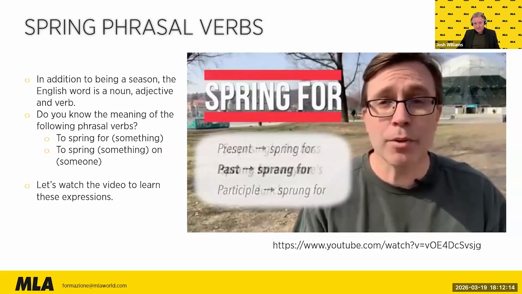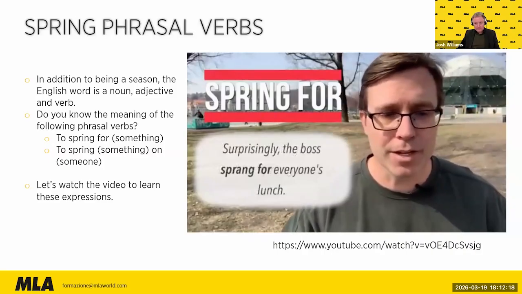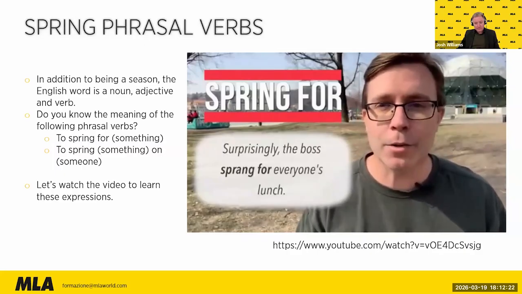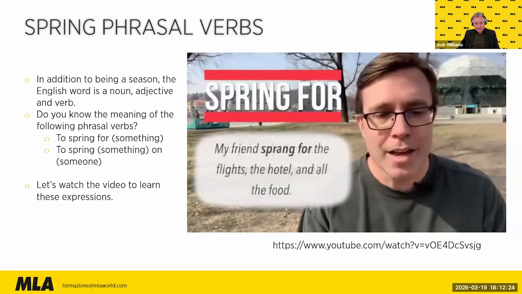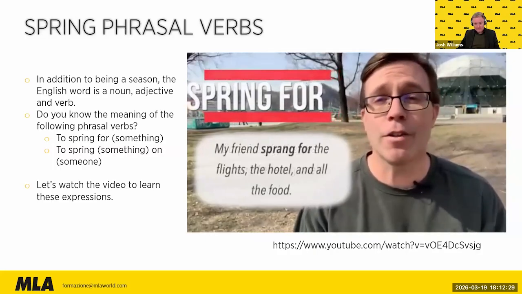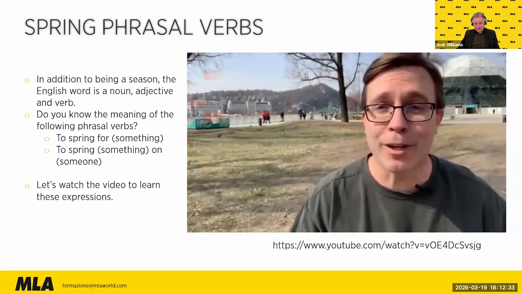So I could say, surprisingly, the boss sprang for everyone's lunch, that it was unexpected and it was also generous. Or maybe I go travel with a friend and I could say, my friend sprang for the flights, the hotel, and all the food. It was very generous of them to pay for this, to spring for something.